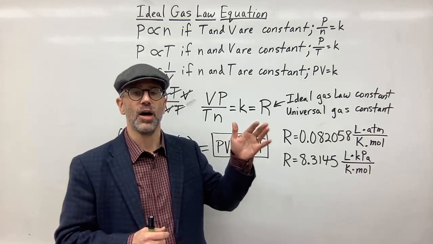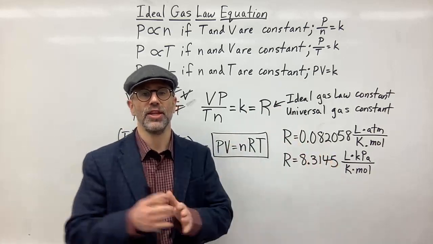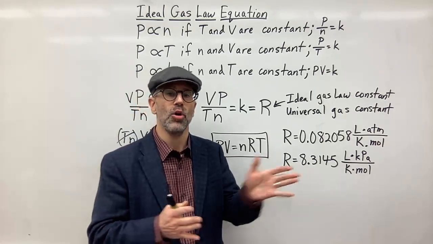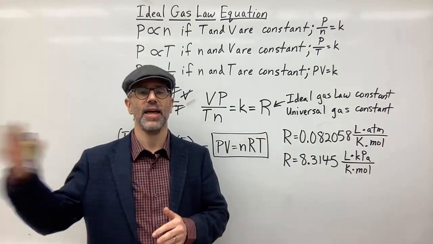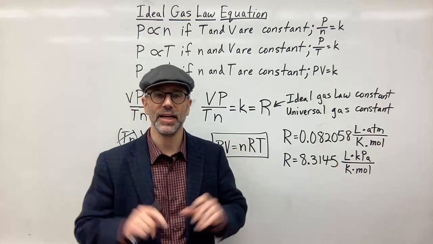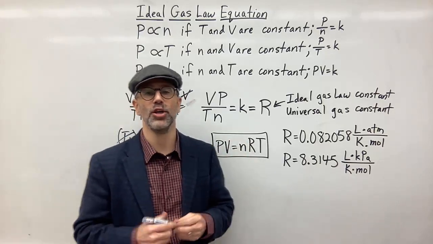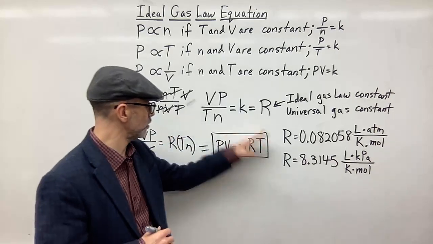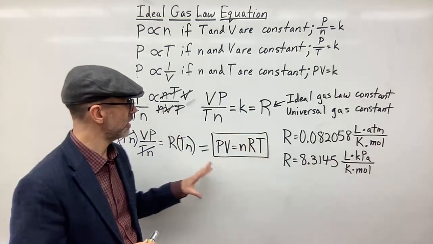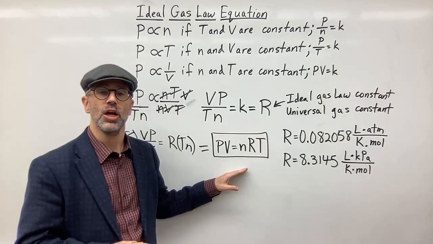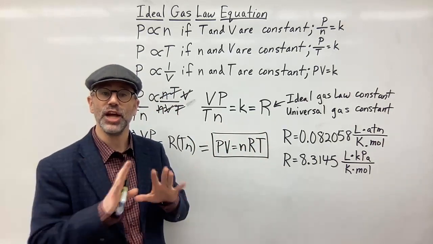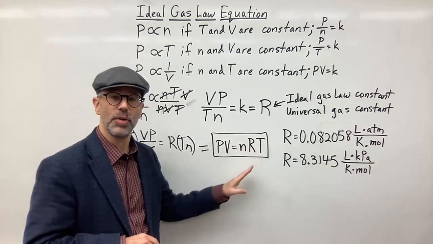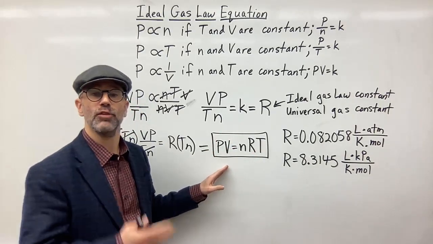Or if I start with a certain temperature and then the temperature changes to something else. Or if I start with a certain volume or a certain amount of gas and then that changes. It's not going to be that type of problem. That's not the type of problem where you use the ideal gas law equation. This equation is used when you're not given any change whatsoever. All you're given is a set of properties, right? And then you're looking for the missing one.